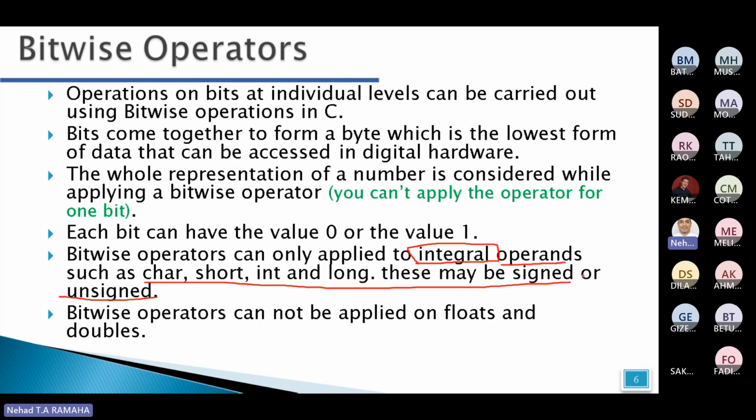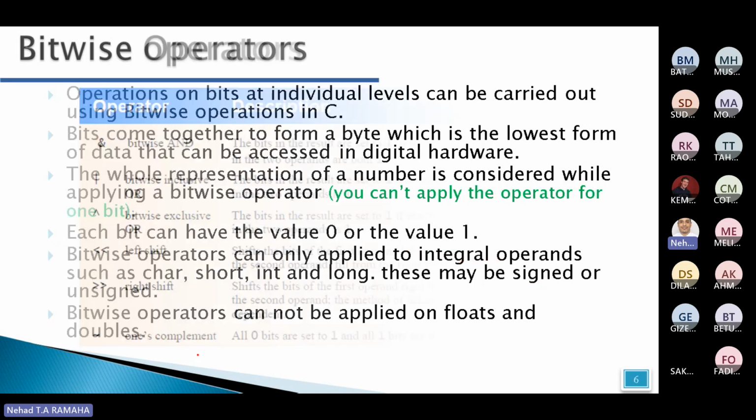So you cannot apply a bitwise operator to a non-integral operand like float or double, because it has a decimal point, okay, it has a fraction. So it's only for integrals, meaning numbers that do not have fractions. Like character, which can be considered a number in C language, okay, short, integer, long, and signed and unsigned integer.